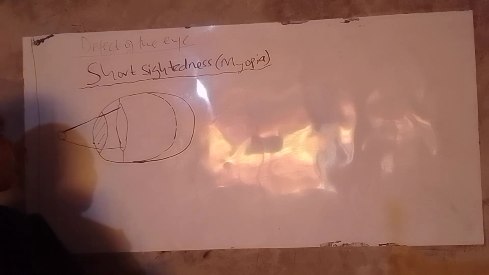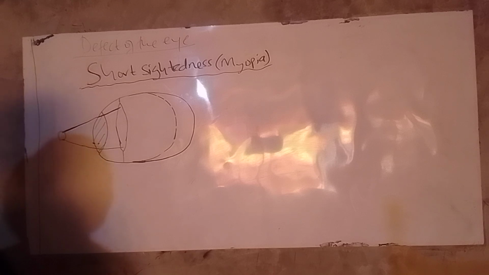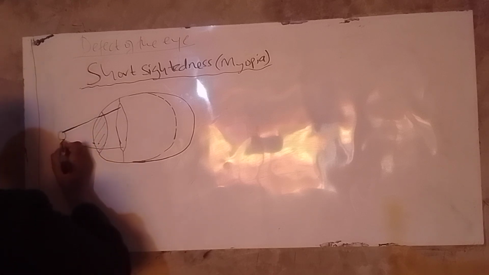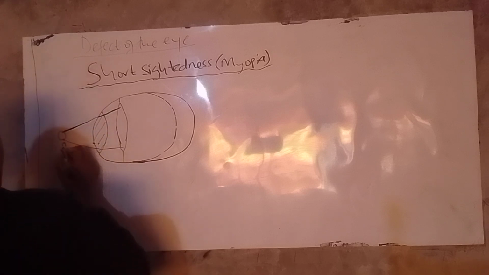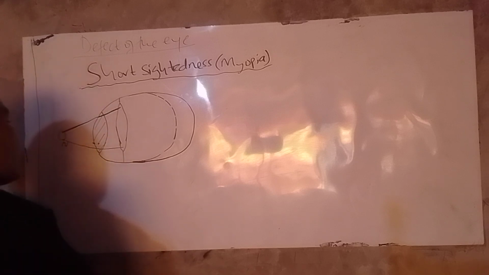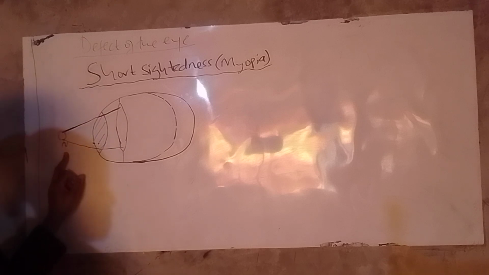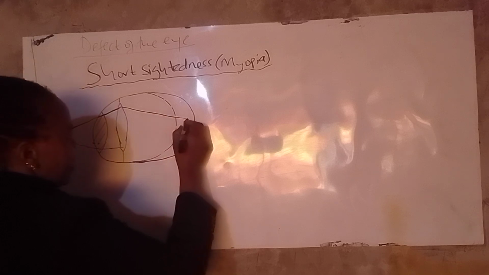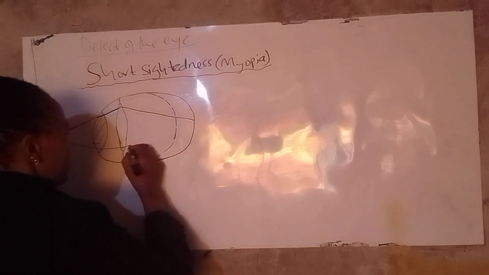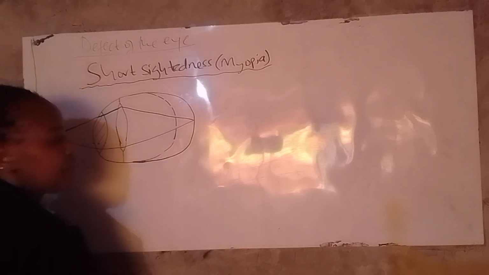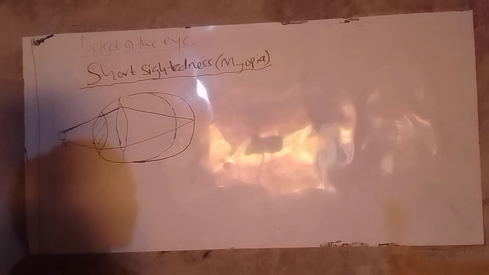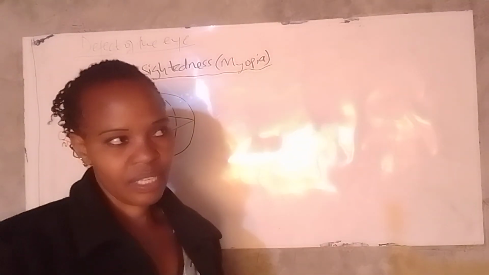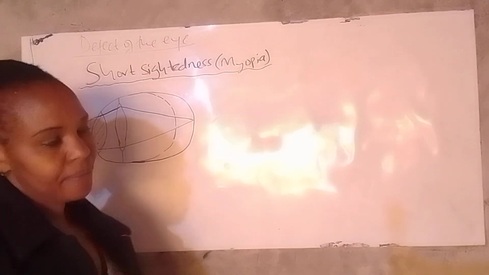Let me write capital N. That's an object that is near. Those rays come and they converge at the rightful place where we have the retina.